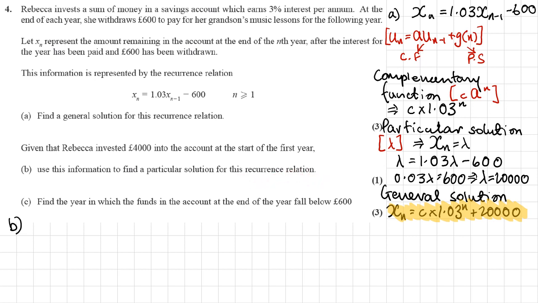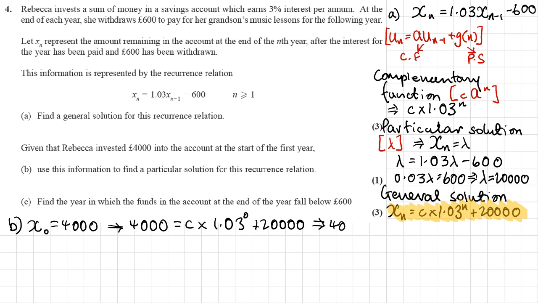Okay, so we basically want X0 to be 4,000. If we substitute n equals 0 into this, we get 4,000 is equal to c times 1.03 to the power 0 plus 20,000. That will give us 4,000 minus 20,000 is equal to c, which means that c is negative 16,000.